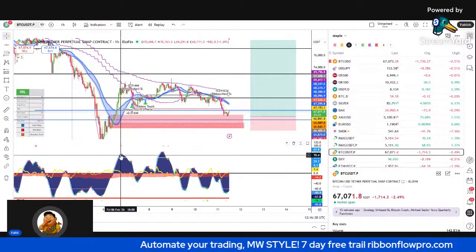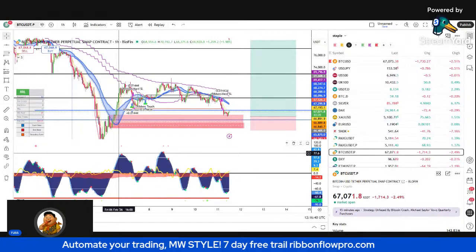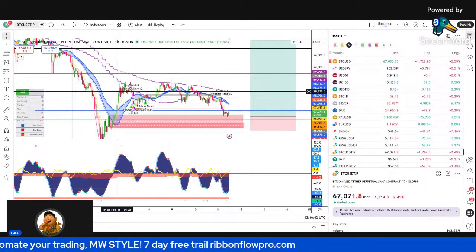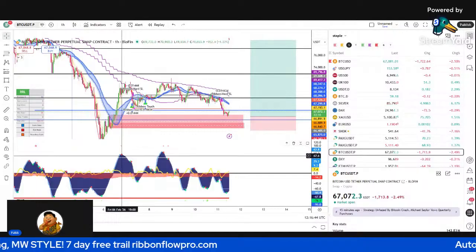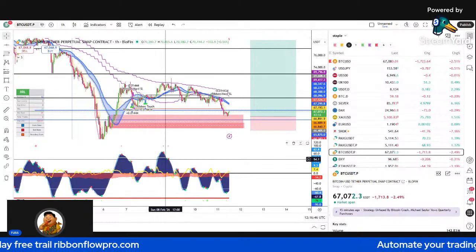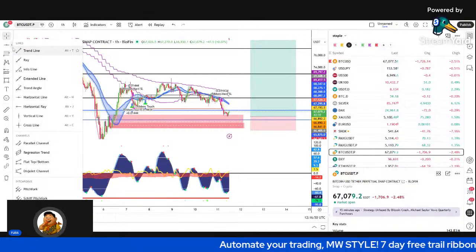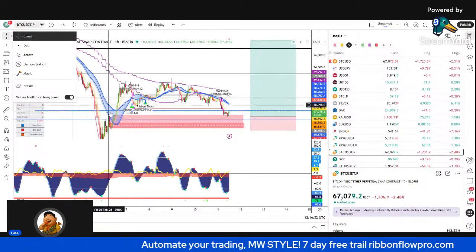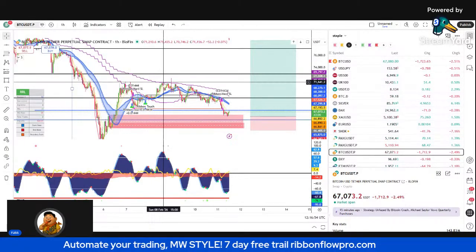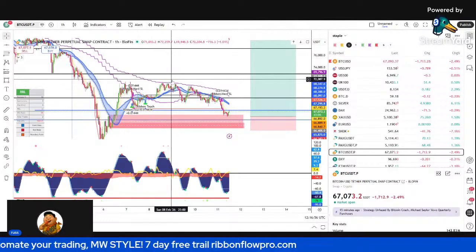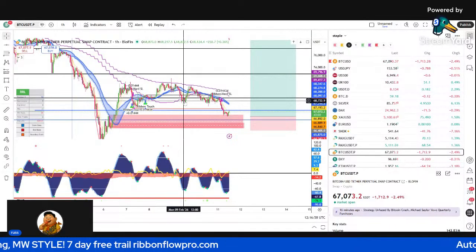Then the other thing it does is short as well. You can see the red dots above the ribbon. It will give you short signals as well above the ribbon. Can you see where it's saying to short and where it's saying to long? So here it's saying short up here on this one. Here it's saying short here.